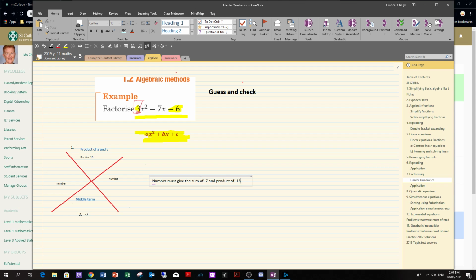Okay, so that's what you've got to work through. What numbers will give me 18 if I multiply them together? Well, 18 and 1, 3 and 6, 9 and 2.